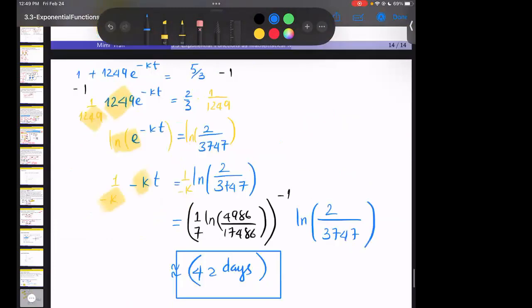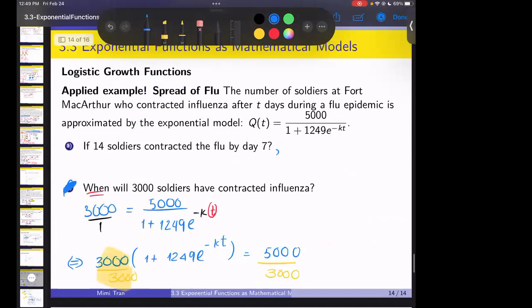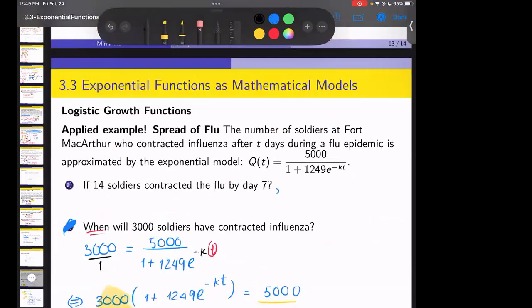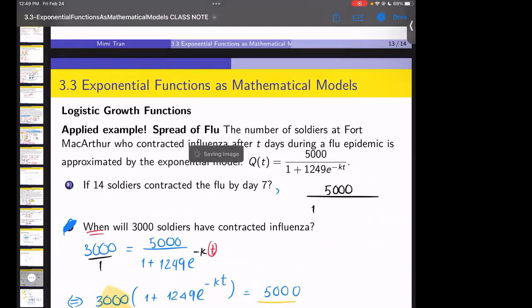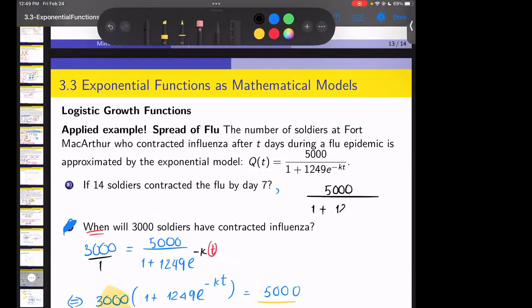Let me ask one more thing, then I'll let you go. If I were to replace t with infinity, what do you think? So eventually, 1249 e to the negative k times infinity.